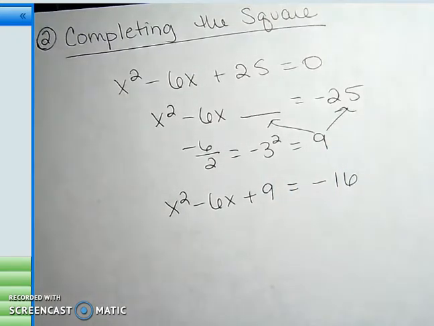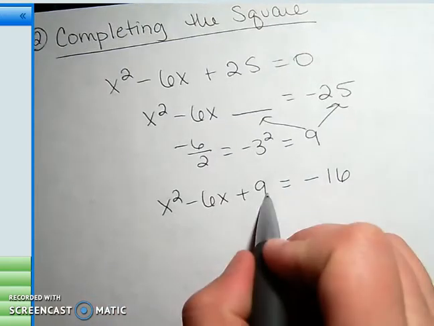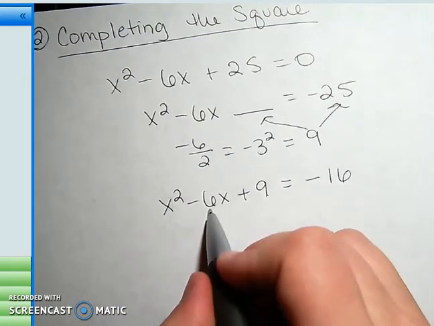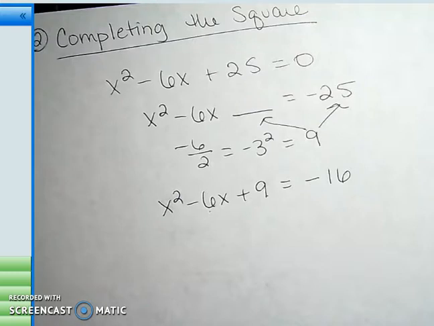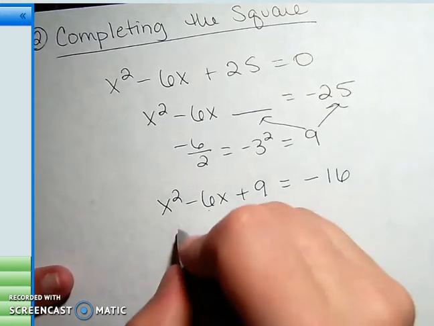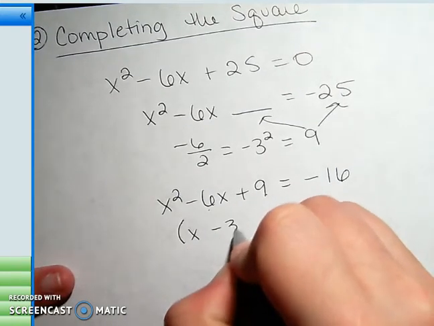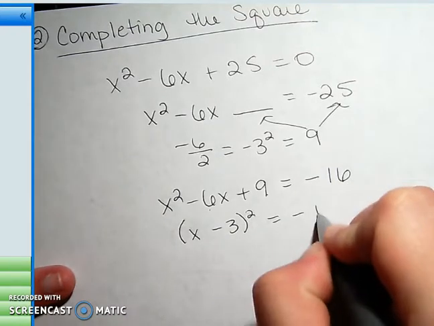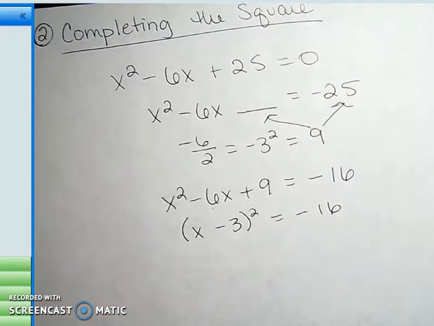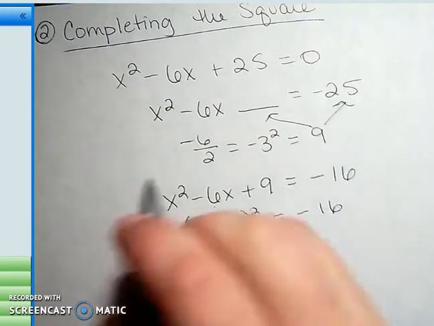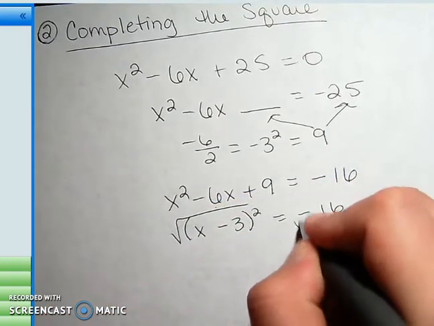What this does in, quote, completing the square is make this quadratic equation perfect. What that means is the factors of 9 that give us negative 6 are the exact same number, being negative 3. So when I factor this, I get x minus 3 squared is negative 16. And if you recall, to undo a square, you simply just take the square root.